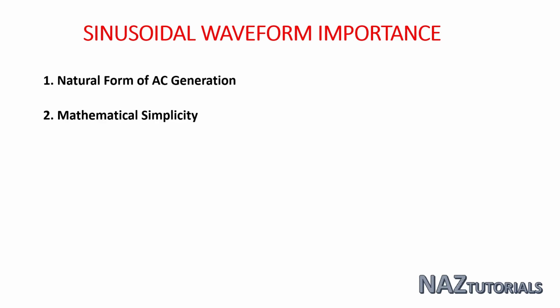This sinusoidal waveform also gives mathematical simplicity in an electrical circuit. As you know, the electrical system consists of linear elements, and the voltage across these linear elements such as the inductor is defined as L dI by dt, the inductor voltage, and if you analyze the capacitor voltage Vc, that is 1 upon C integration of I dt. It means it gives the differentiation of a sinusoidal waveform and the integration of a sinusoidal current.